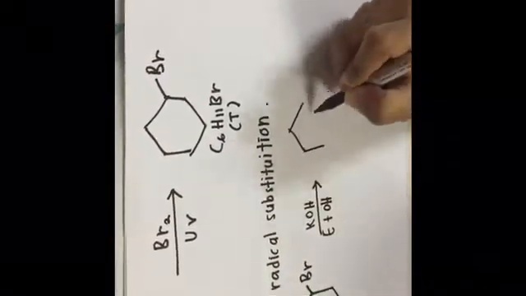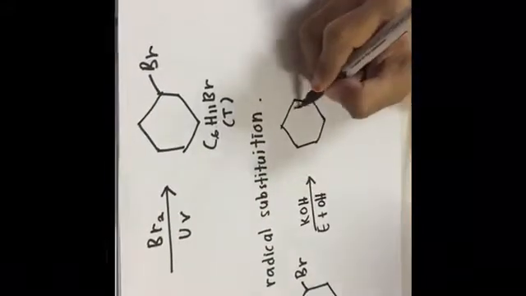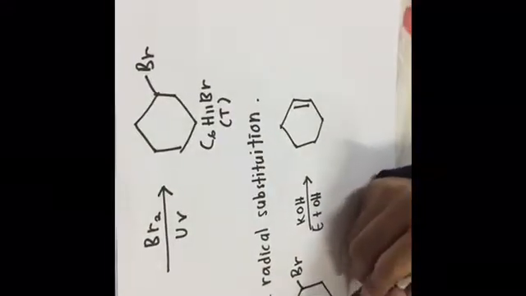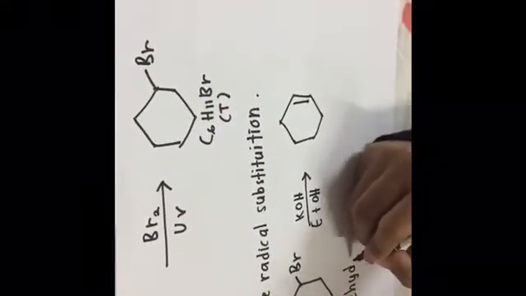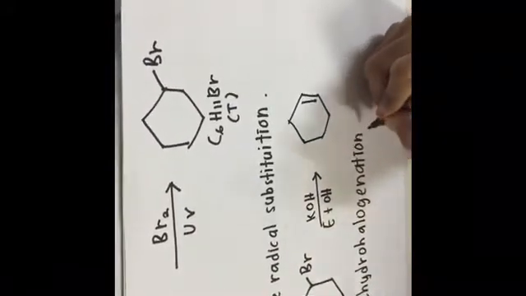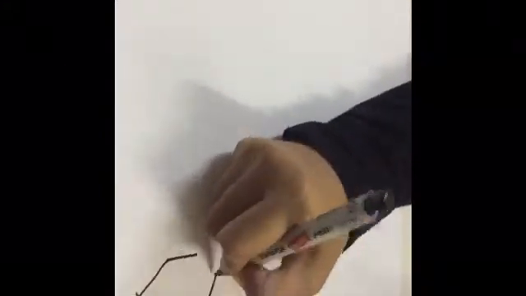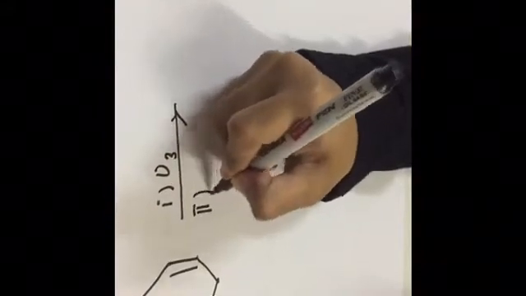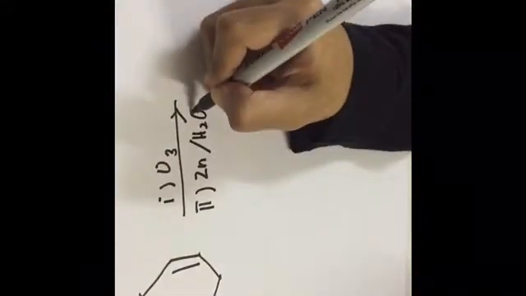The reaction is dehydrohalogenation. The last one is U forming V. The reaction is ozonolysis. This is how to write the reaction.